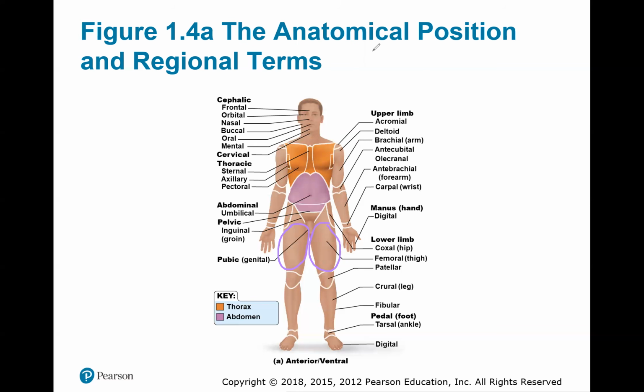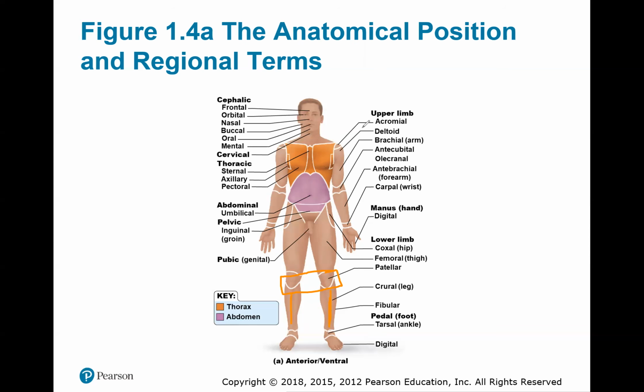For the anterior knee, so the front of your knee, we call it the patellar region because the bone here is the patella. Working our way down the lower leg, we would discuss the crural region. This is where we would find our tibia and our fibula.